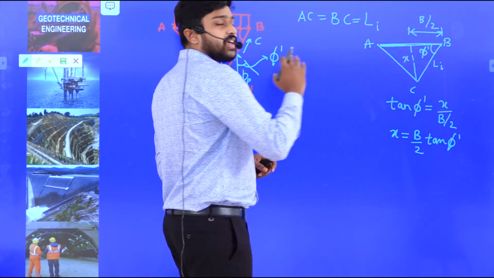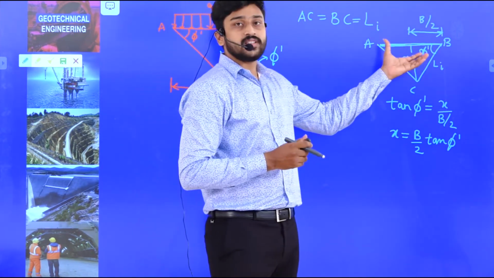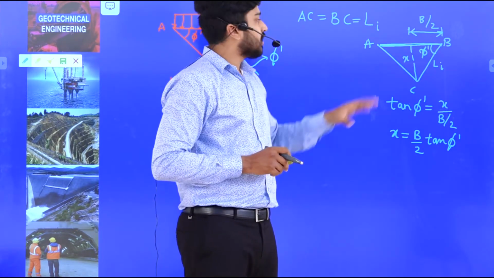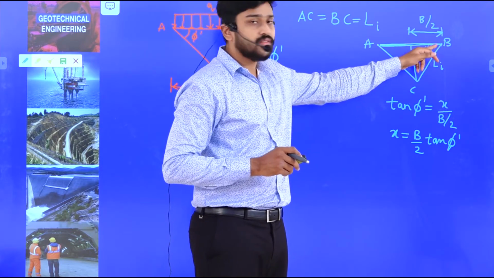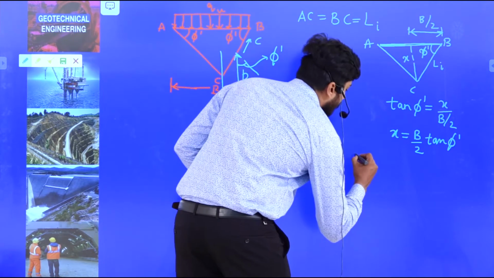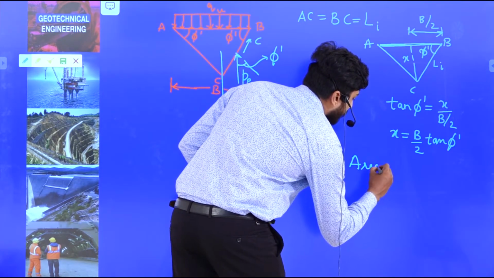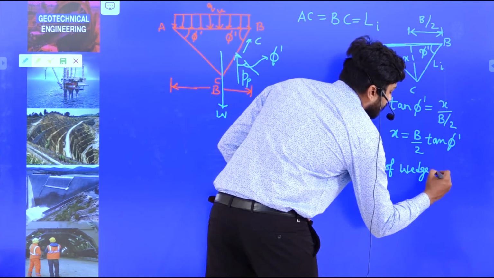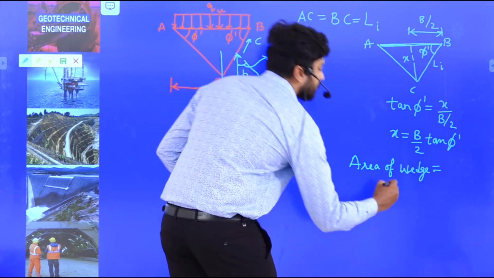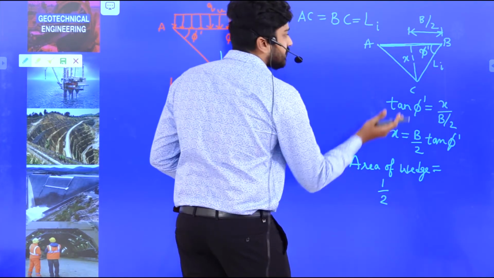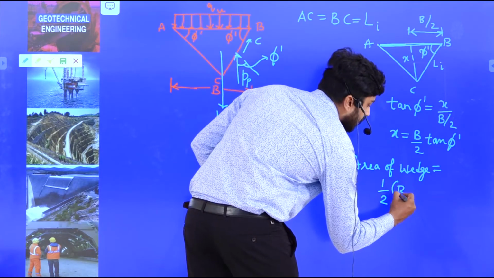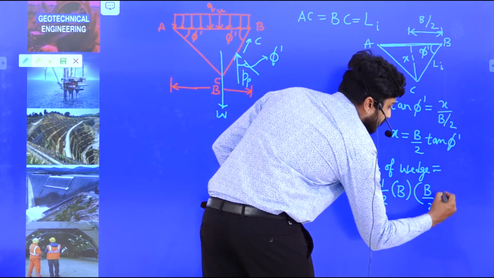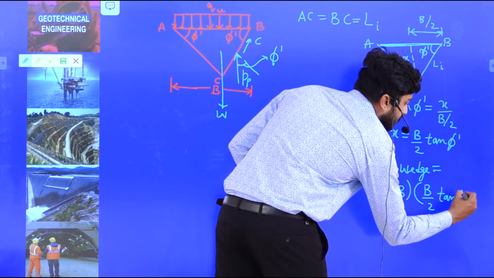So can I calculate the area of this particular wedge now? Since it is a triangle, I can evaluate the area, that is half into base into height. Here the base is AB and the height is x. Therefore I can write down the area of wedge in zone 1 as half into base, which is width B, into the height x, which is B by 2 tan phi dash.